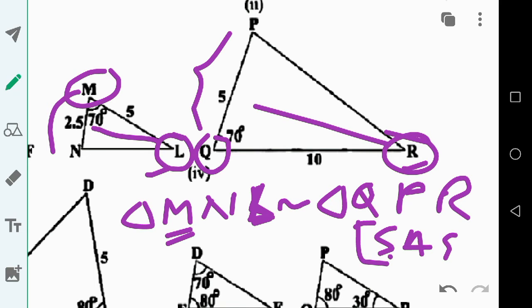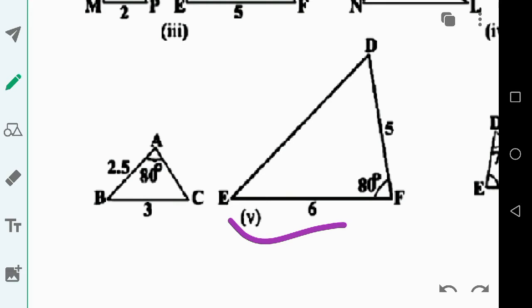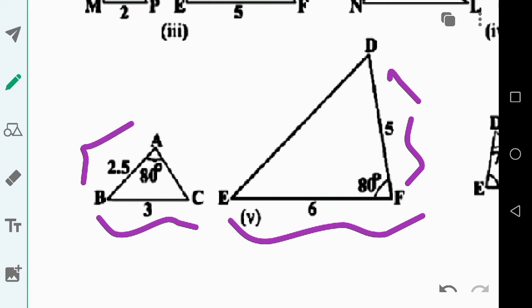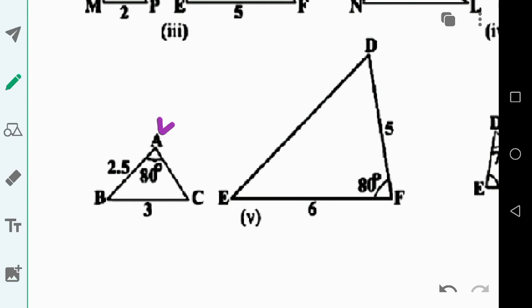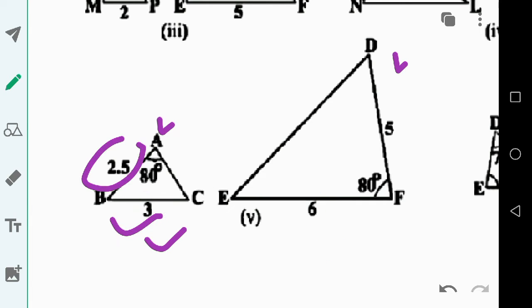Okay, here you see, in this pair EF is 2 times BC and DF is 2 times AB. That means we can say AB by DF is equal to BC by EF. 3/6 is half, and 2.5 by 5 is also half.